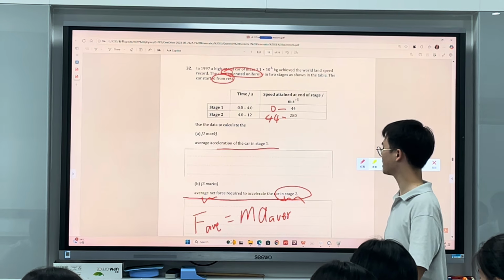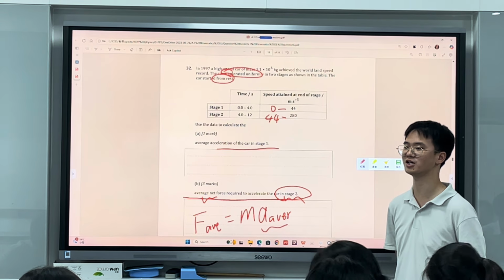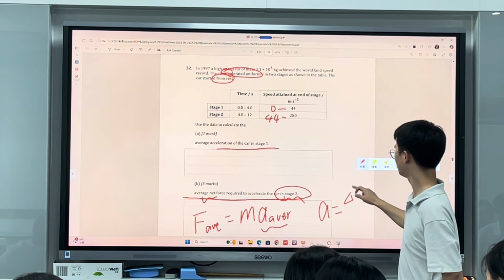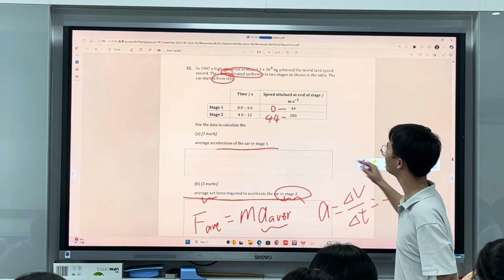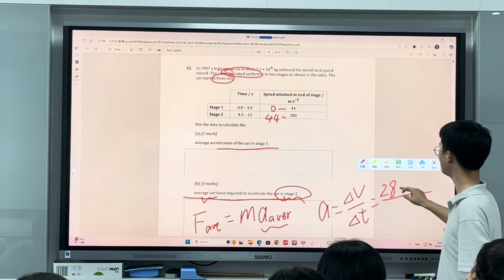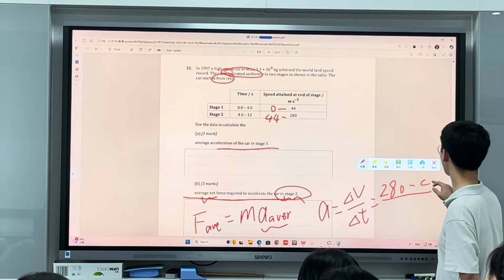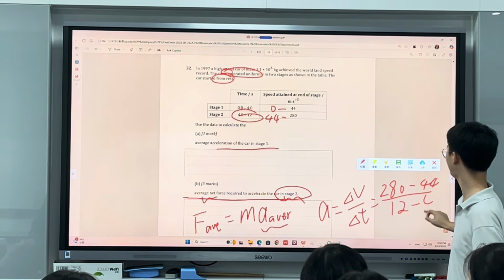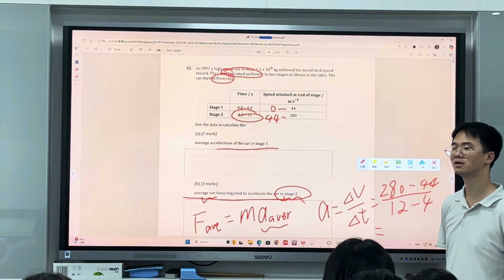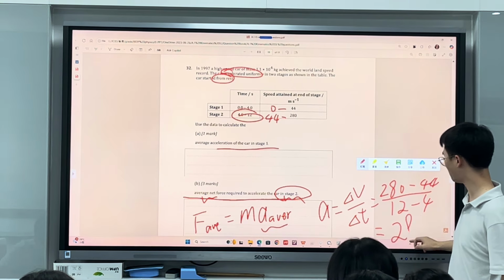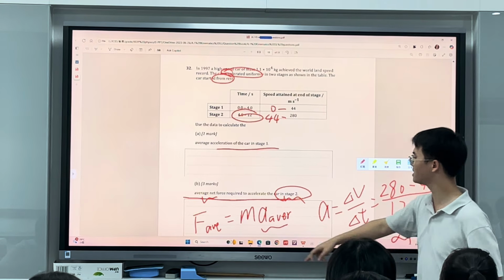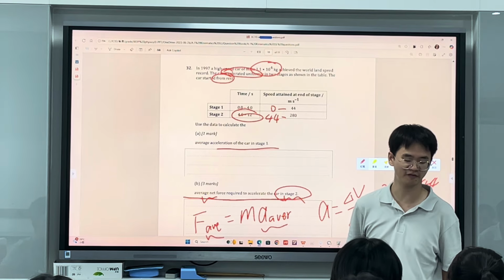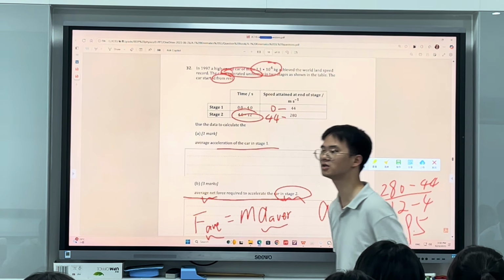Right? Okay, so you need to figure out stage 2's average acceleration. So for stage 2, how do we calculate acceleration? Delta v over delta t. Delta v is 280 minus 44. Change in time is 12 minus 4. So a equals 29.5. And then net force is just this times the mass, which is 1.1 times 10 to the power of 4, which you get. What's the final answer?